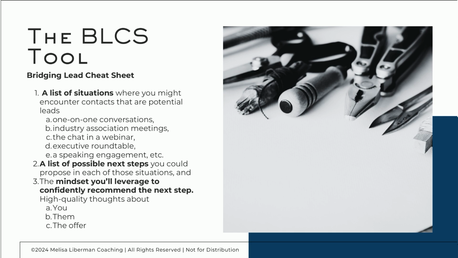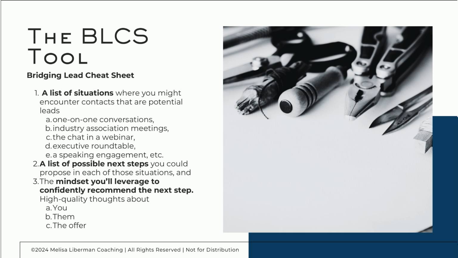It's not a skill set that you've built up yet, or that you've really strengthened yet. And so you want to have yourself a little cheat sheet so that when it gets to the point in the call, whether it could be in the middle, could be at the end, where you would recommend a next step to that client, you've got something to lean on. So here's how you build that cheat sheet.